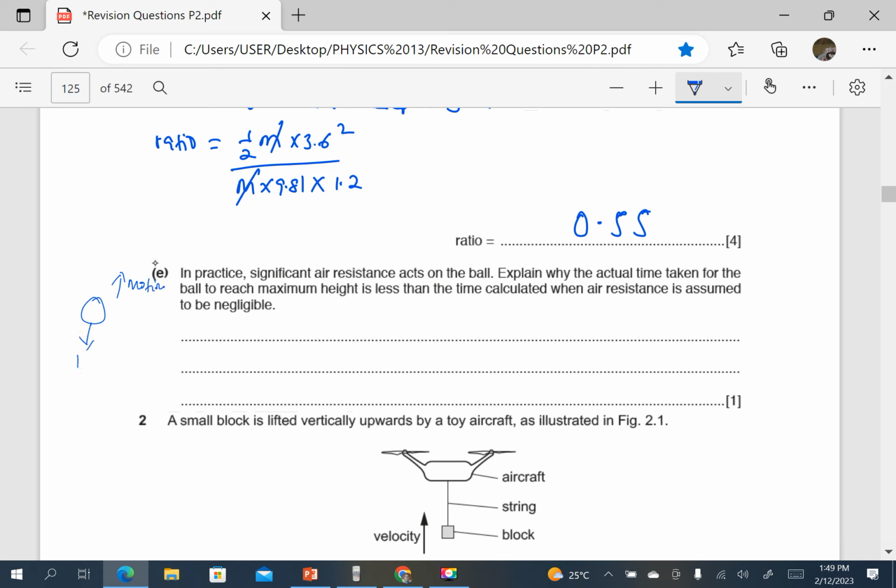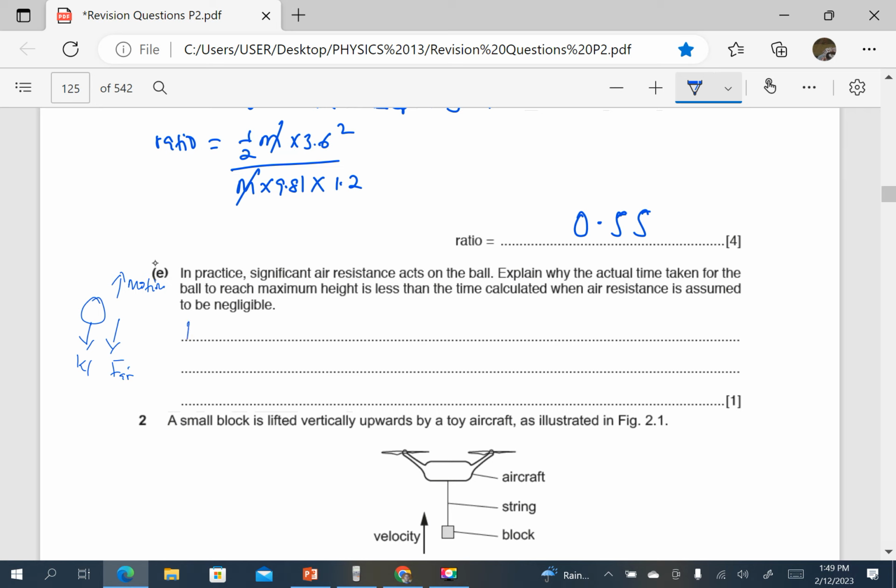The weight is downwards, but air resistance will also be downwards. So if air resistance is not negligible, the resultant force is greater, so the deceleration is greater. Because motion is in the opposite direction to the resultant force, it is a deceleration. So the deceleration is greater, which means the time is going to be less.